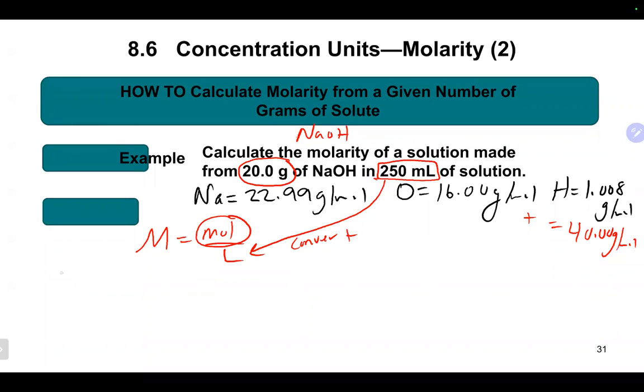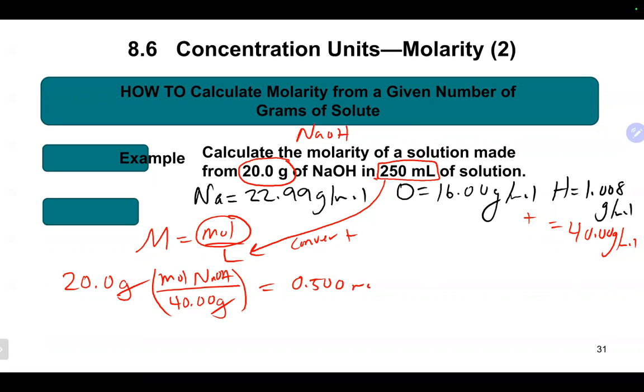So the first thing we'll do is convert our grams into moles. Just like normal here, we'll use the molar mass of the sodium hydroxide, grams on the bottom so it cancels. That's going to give us 20 divided by 40, which gives us 0.5 moles of sodium hydroxide.